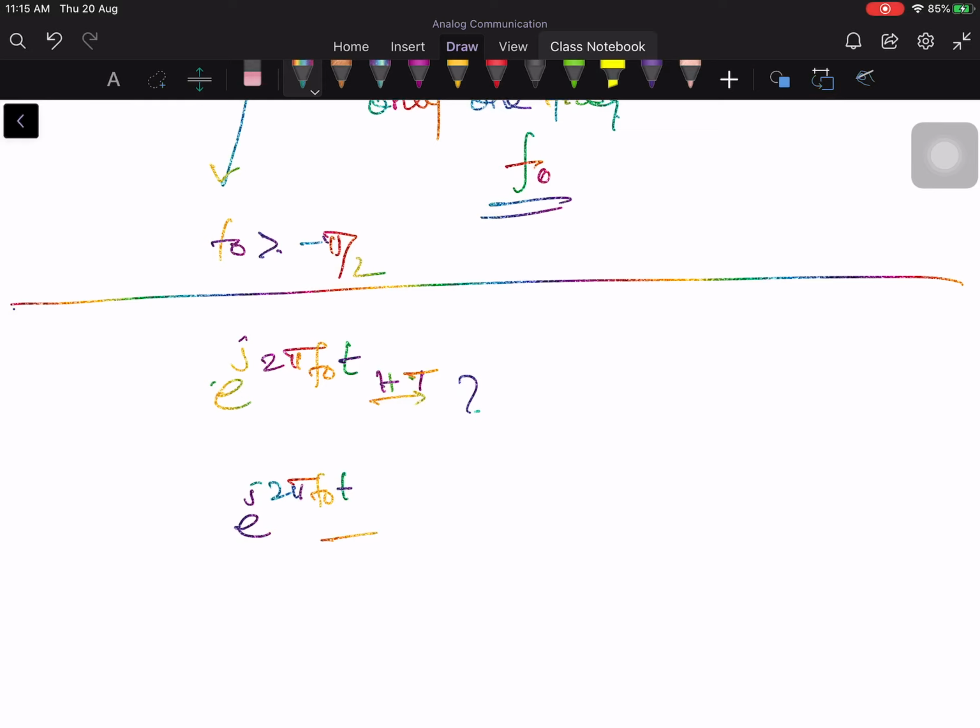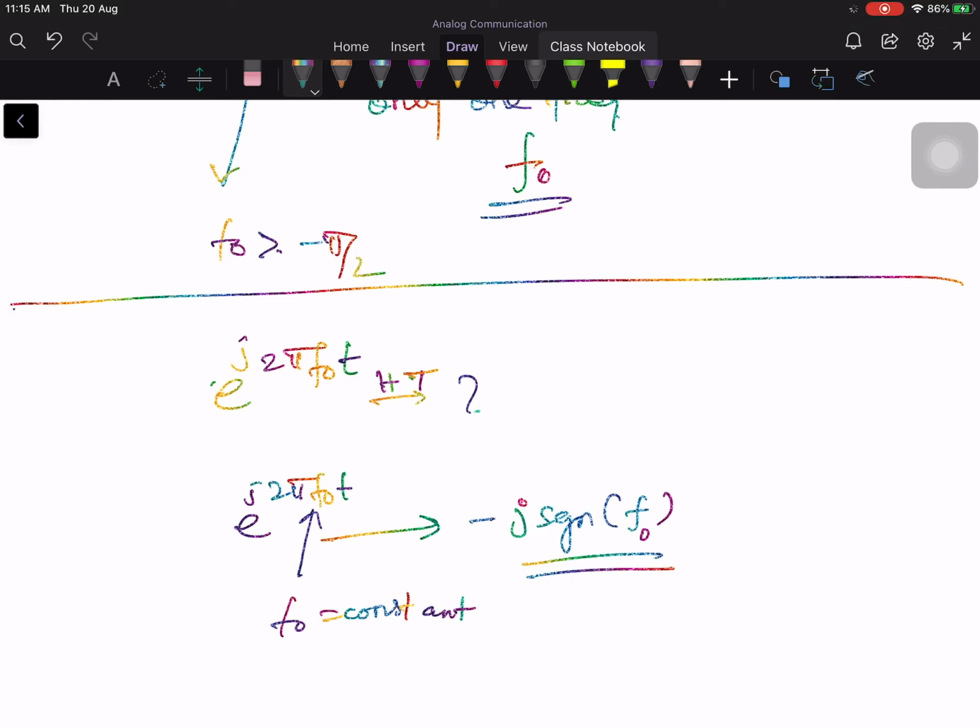Here f naught is constant, by the way. Okay, so this is going to be minus j times signum of f, because at that particular frequency component what is the phase shift that will be introduced here, times e to the j times 2 pi f naught t.